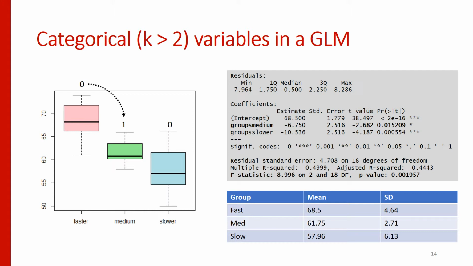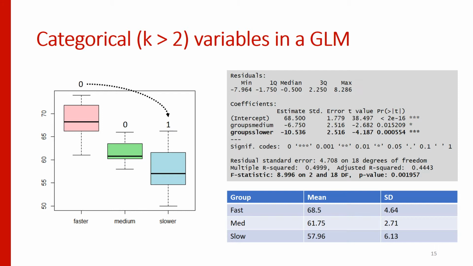So we go down 6.75 points to get a mean of 61.75. Similarly, the second slope tells us about the comparison between the intercept, which is the mean of the faster group, and the mean of the slower group, which is 10.536 points below the faster group.